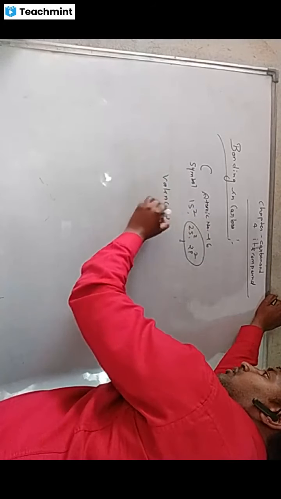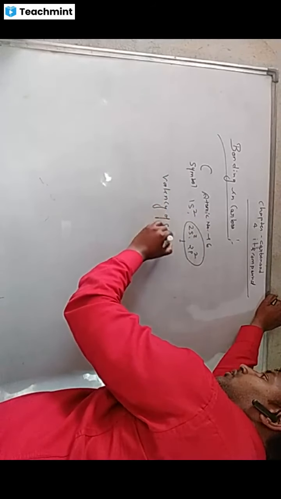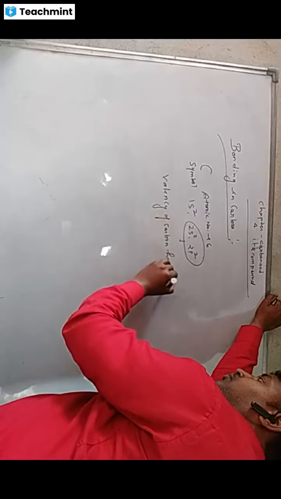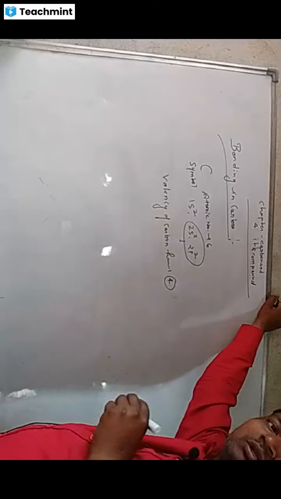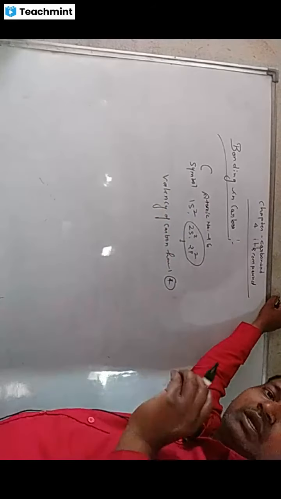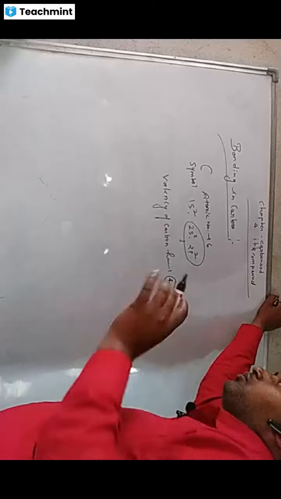Valency of carbon is 4, and the number of bonds is 4.